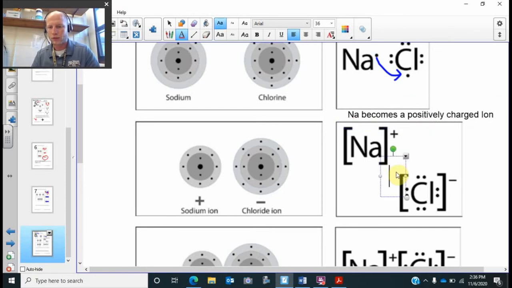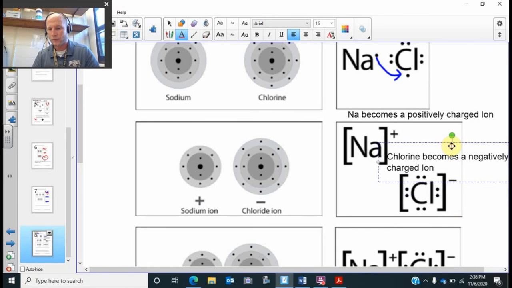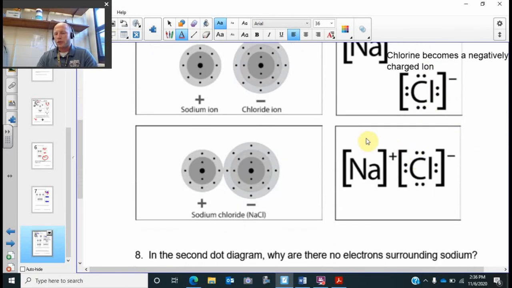Down here, chlorine becomes a negatively charged ion. Okay? And when these guys become oppositely charged, they're oppositely charged right now.